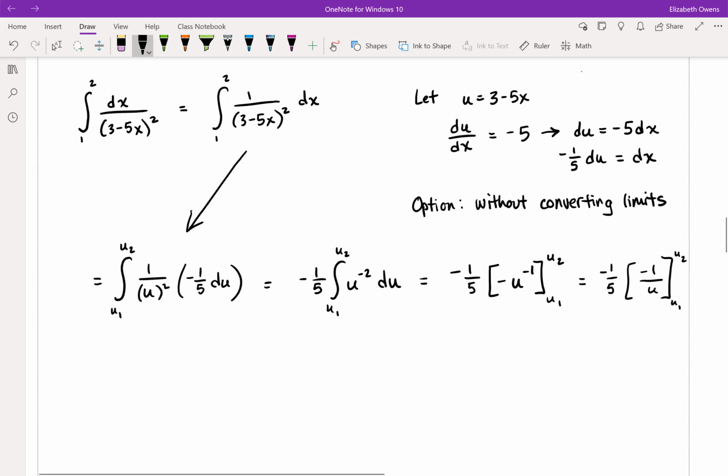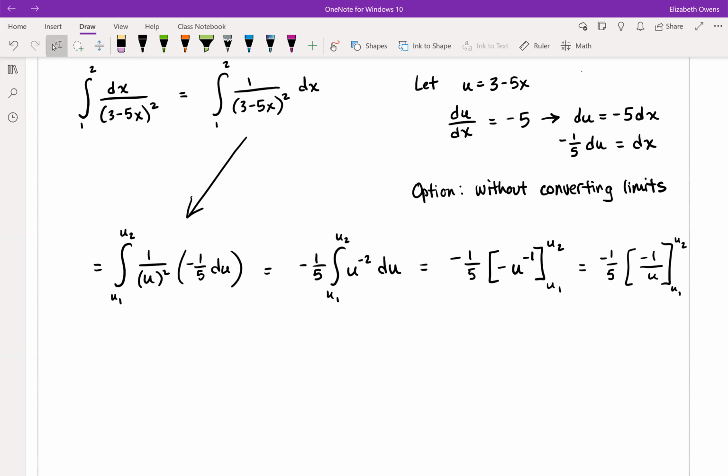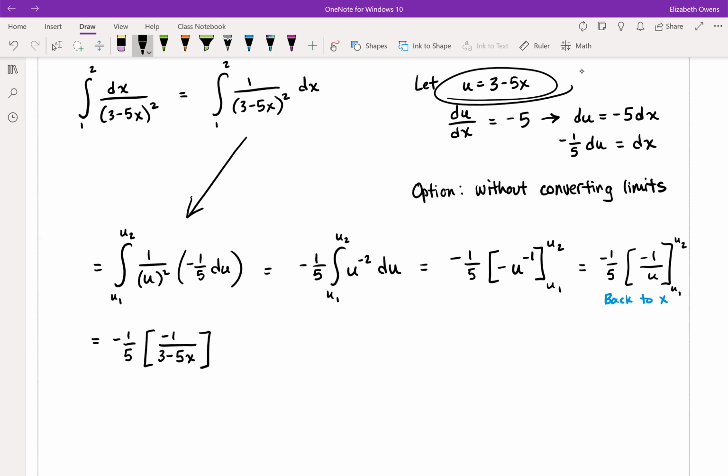But now, since we didn't convert our limits, we do need to switch back to the original variable and use the limits from that original problem. So we need to switch back to x. I'll make a little note here. Back to x. Nothing happens to that constant out front. But inside, your u would get replaced back with 3 minus 5x, because that's what u is.